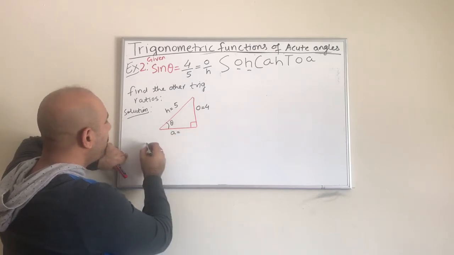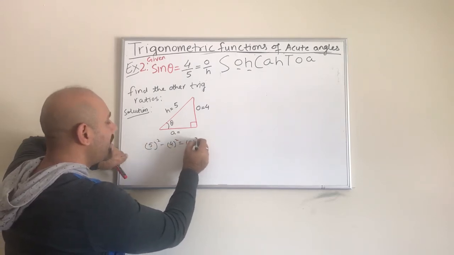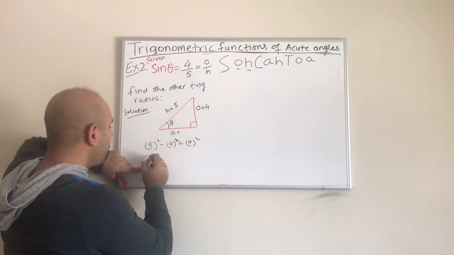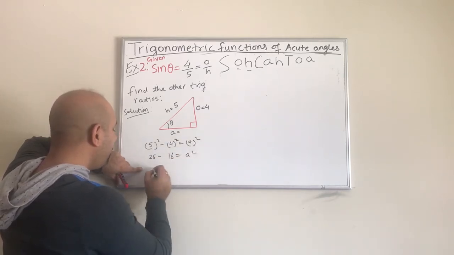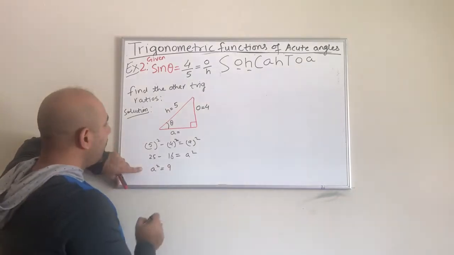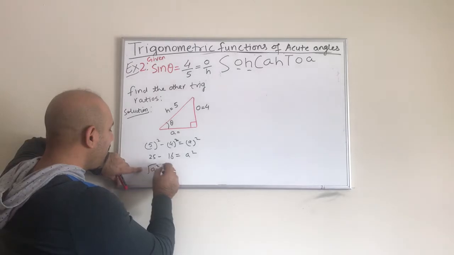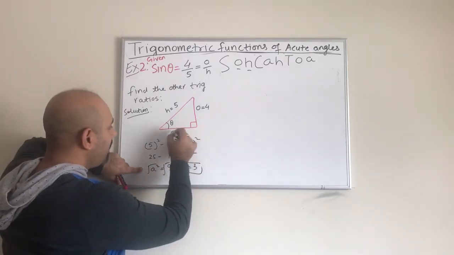To find that, we use the Pythagorean theorem: 5 squared minus 4 squared is the adjacent squared. So 25 minus 16 gives a squared equals 9, and taking the square root on both sides, a equals 3. So the adjacent is 3.